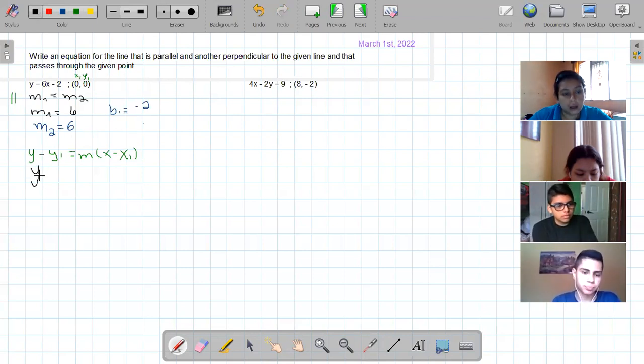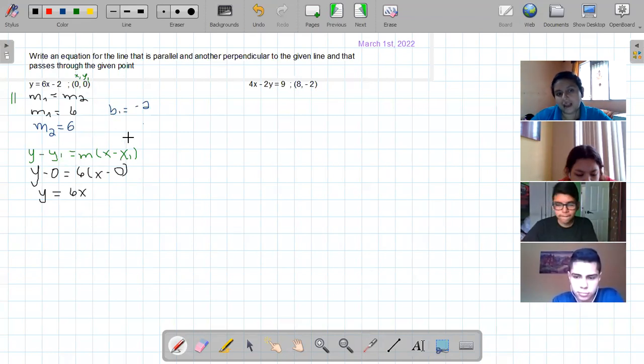So I'm going to say y minus 0 is equal to 6 times x minus 0. I don't need those 0s, so I can just go ahead and say y equals 6x. This is the equation for a parallel line to this one that passes through the point (0, 0).